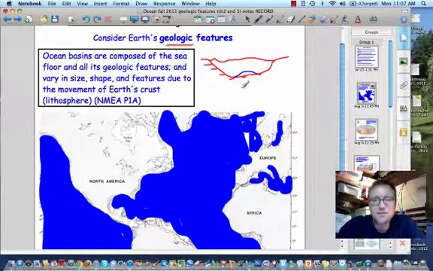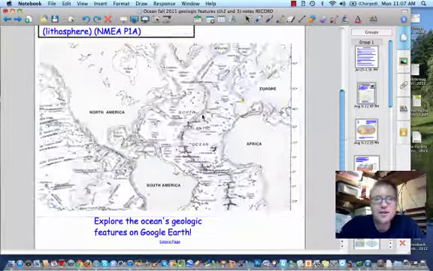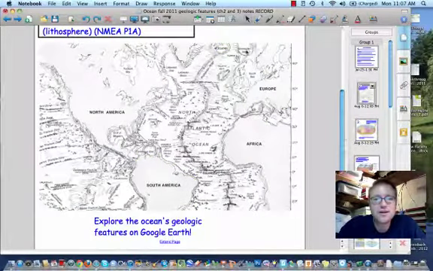After World War II, they thought, maybe if we could use this sonar to get a better understanding of the ocean floor, let's see what's down there. In the 50s and 60s, sonar was used to map the ocean floor and discovered a whole bunch of stuff. There's a lot going on on the ocean floor. If I take away the water, this is all the stuff that's going on here.